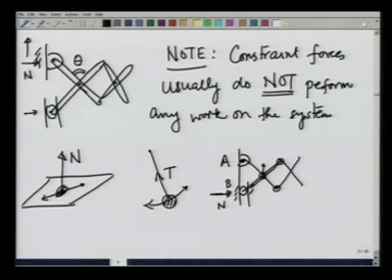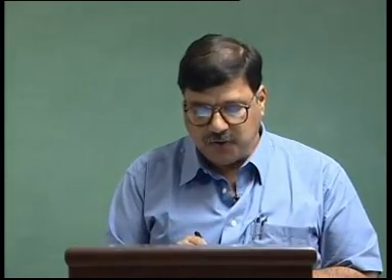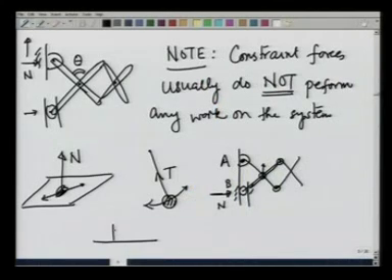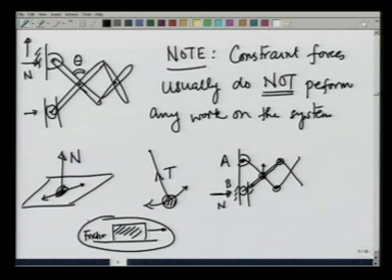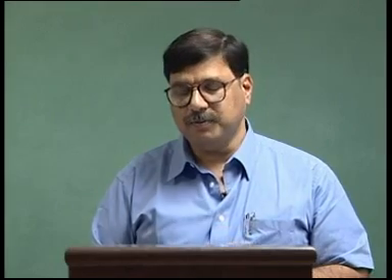So, you see, I have given you 3 examples where you see that constraint forces usually are not performing any work. Why I say usual is, if we have a frictional force as the constraint force, that does perform work when the system moves. Therefore, if we include friction, then I would say constraint forces usually do not perform any work.